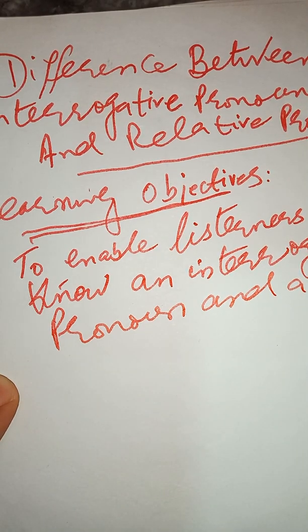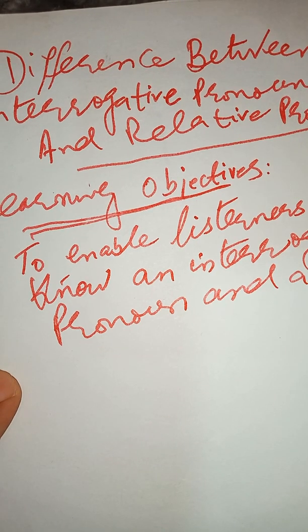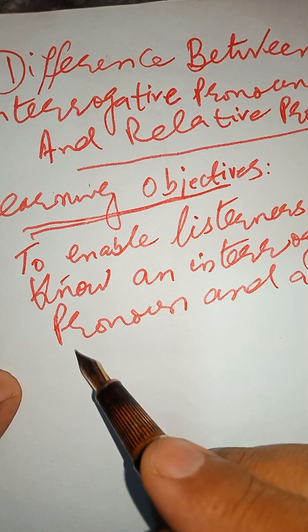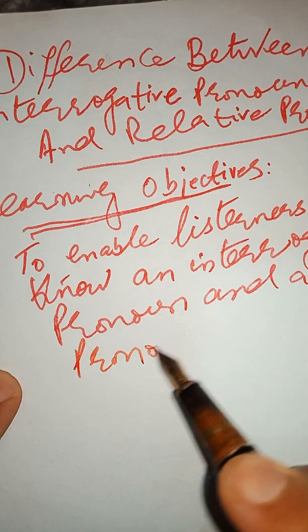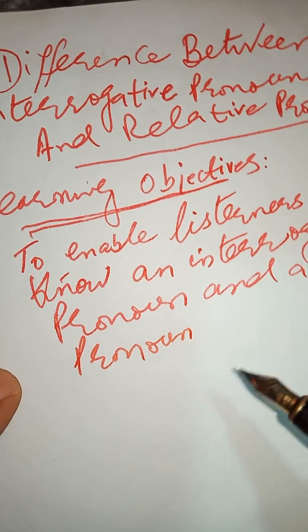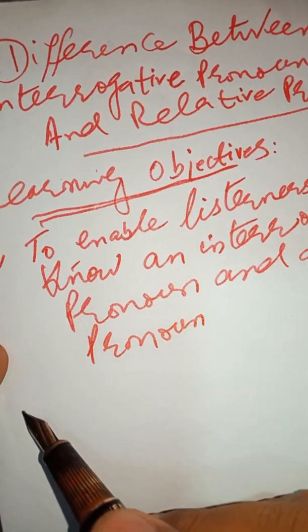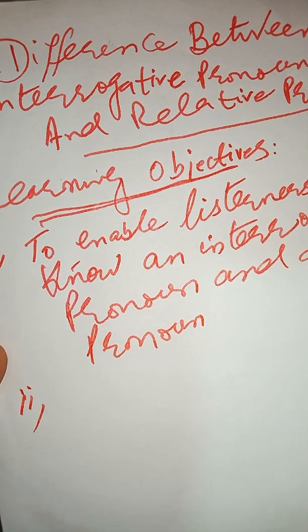Our first objective is to make listeners able to know exactly, surely, clearly what an interrogative pronoun is, and similarly they will be able to know what a relative pronoun is. So this is our first objective.